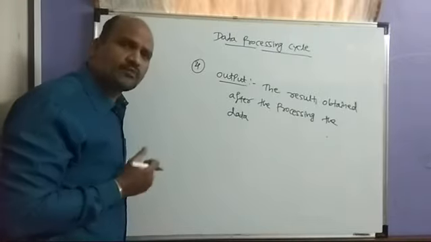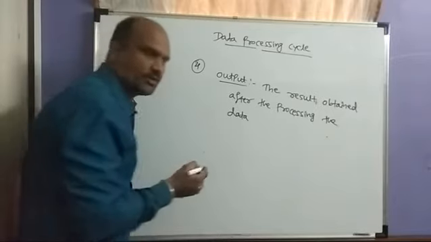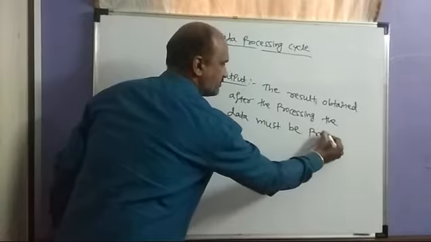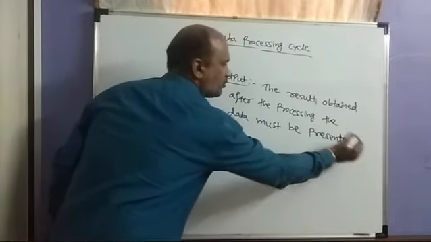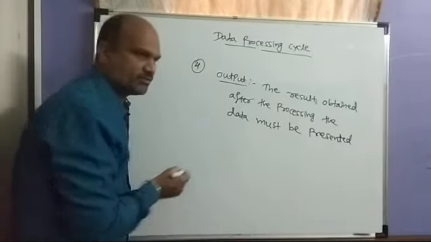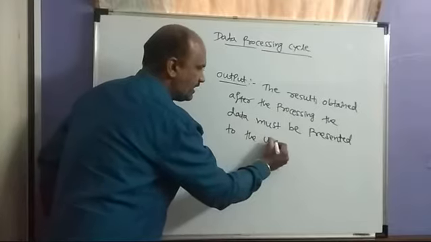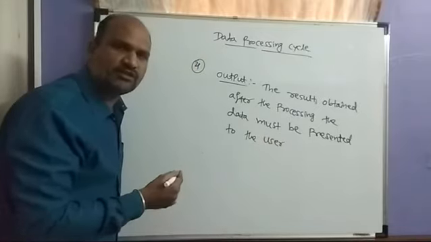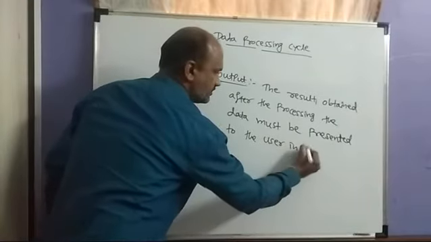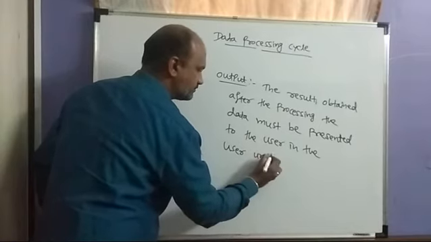Whatever output you need should be presented to the user. The data must be presented, so whatever output is needed should be given to the particular user, in a user understandable form.